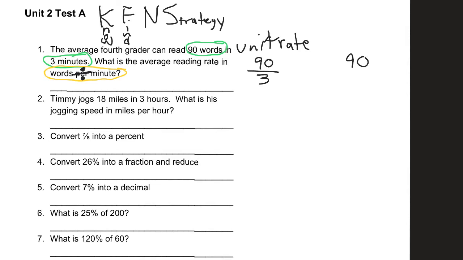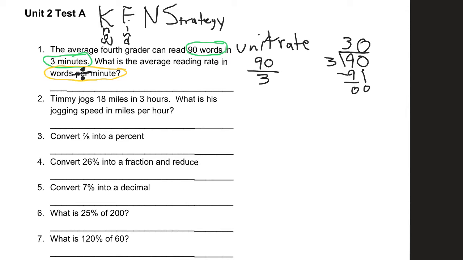Well, I could do this the long way. Okay, I could do this a shorter way as well, because I happen to know that 90 divided by 3 is 30, but I'm going to go ahead and do it the long way so you can see. So if I come over to the right, I say 3 goes into 9 how many times? 3 times. Okay, so 3 goes into that, that's 9. Subtract, I get 0. If I've got 0, 0, I need to add that 0 up here.